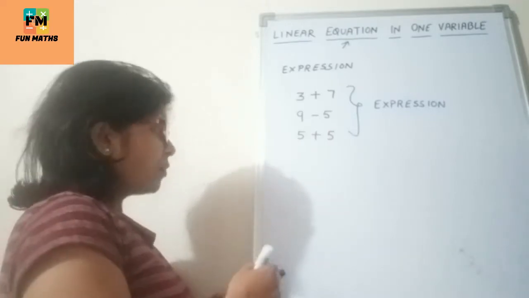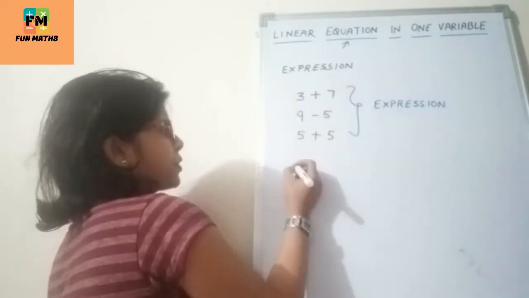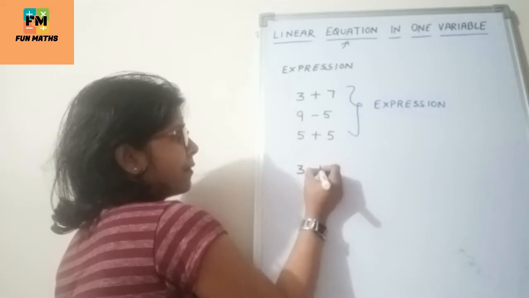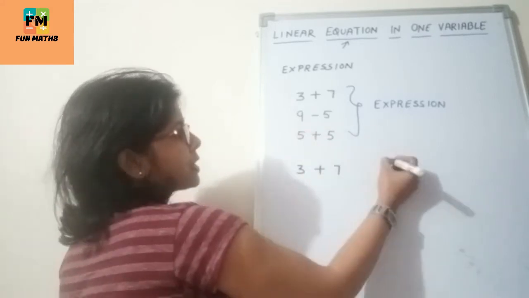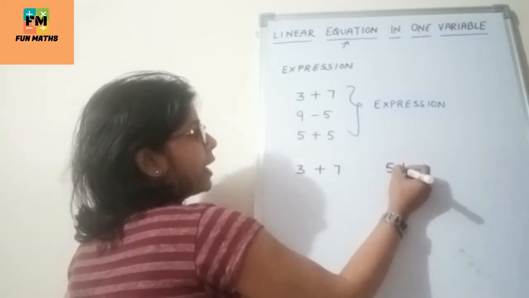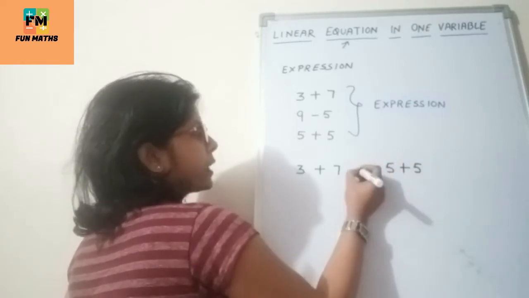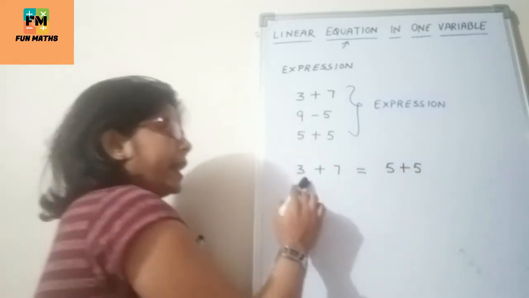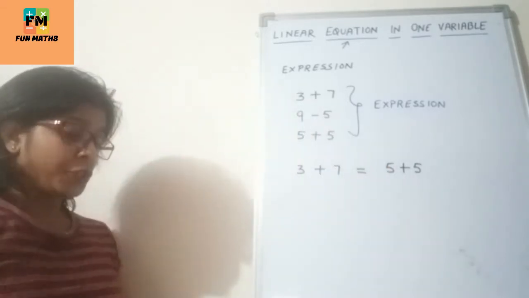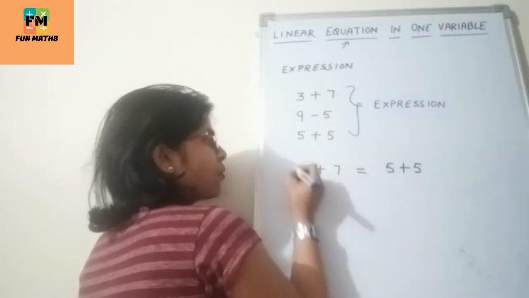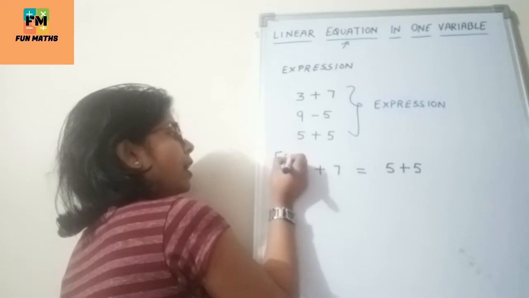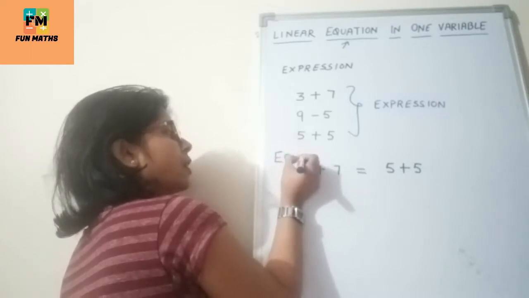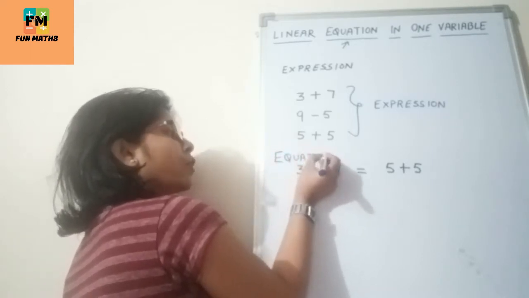Now, I wrote one expression 3 + 7 and I wrote one more expression 5 + 5, right? If I equate these two expressions, it frames an equation. So what is an equation?